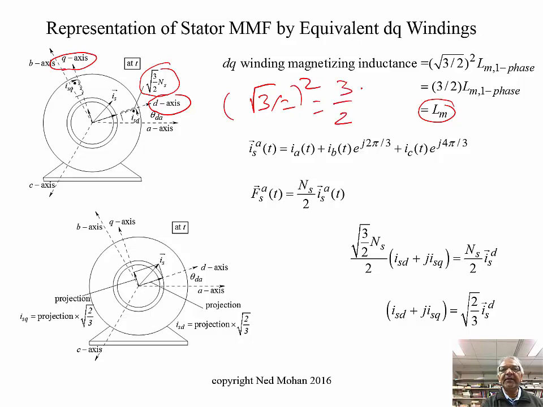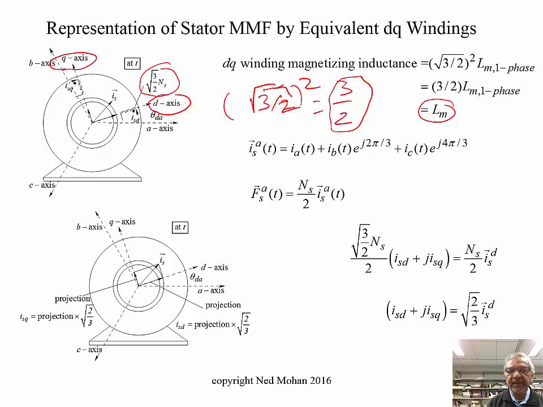And we saw this factor of 3 half coming in the expression for the magnetizing inductance L sub m, as opposed to the magnetizing inductance of single phase, L sub m single phase. So that's the reason we choose this factor of square root of 3 over 2.